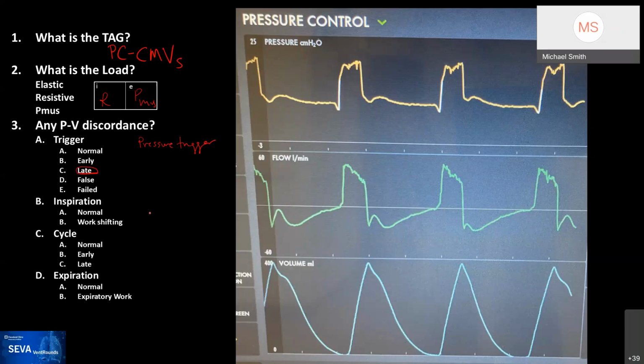The inspiration to me seems pretty normal. And then the cycle I think is early. And then I'm not sure, but I think the expiration cycle is also normal.